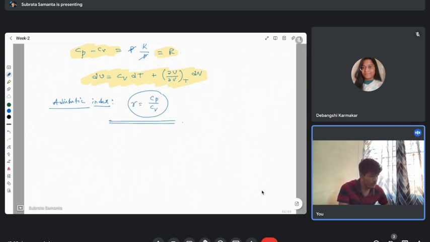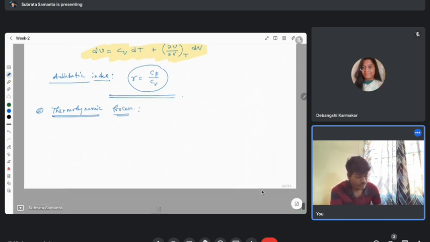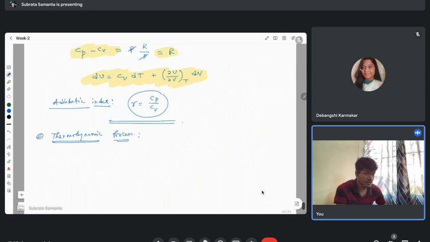So just briefly, what are the isobaric and isochoric processes? Now we are going to discuss briefly the thermodynamic process.